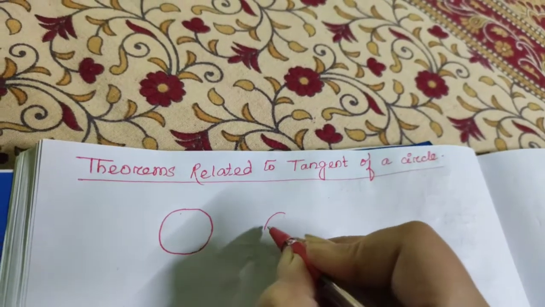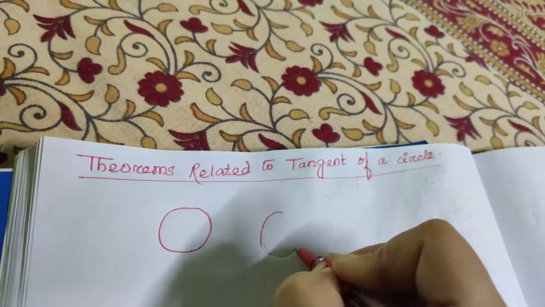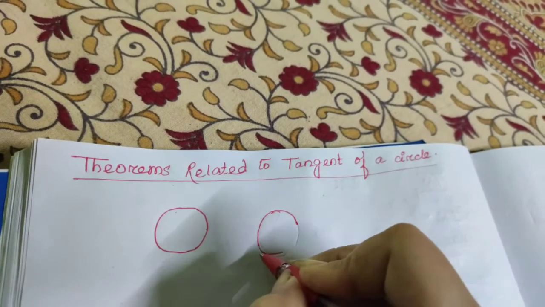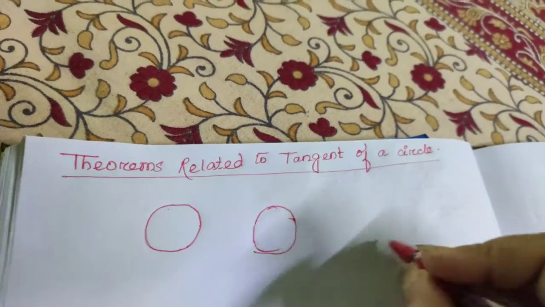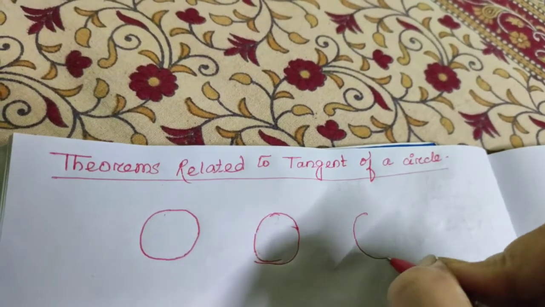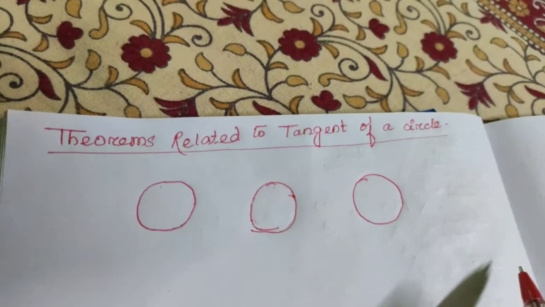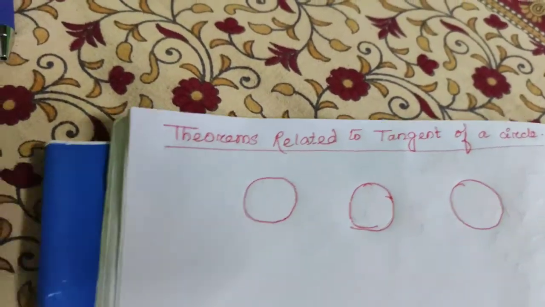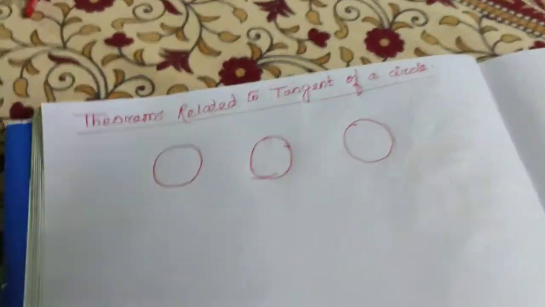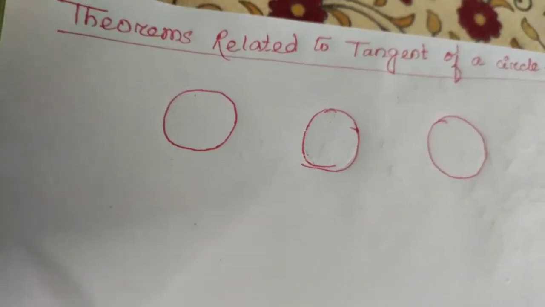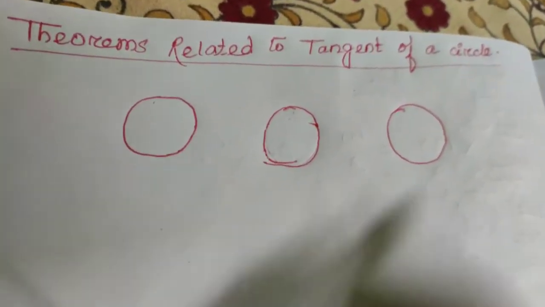I have taken three circles. These are approximately circles because I have drawn them by freehand. Therefore, they are not exact circles. Almost these are circles.